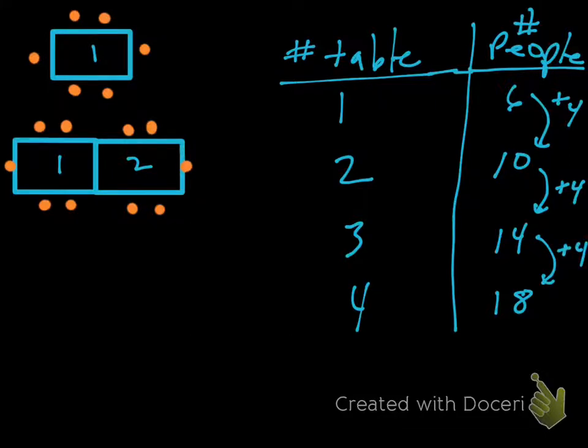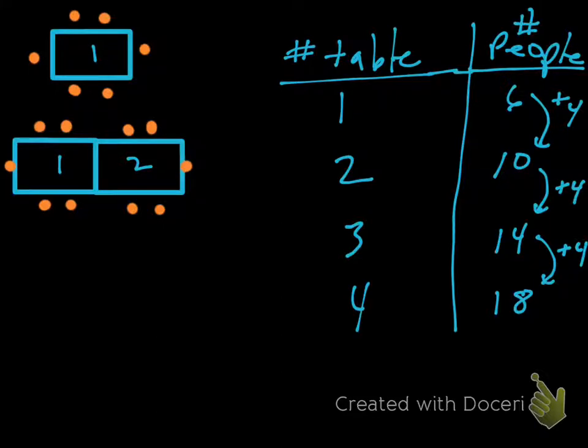Now, the pattern that you want to start to take a look at as you study this a little bit more is that you're increasing in this case by 4 people each time you add a table, and you can see what's happening here. Let me switch colors so I can better identify it.